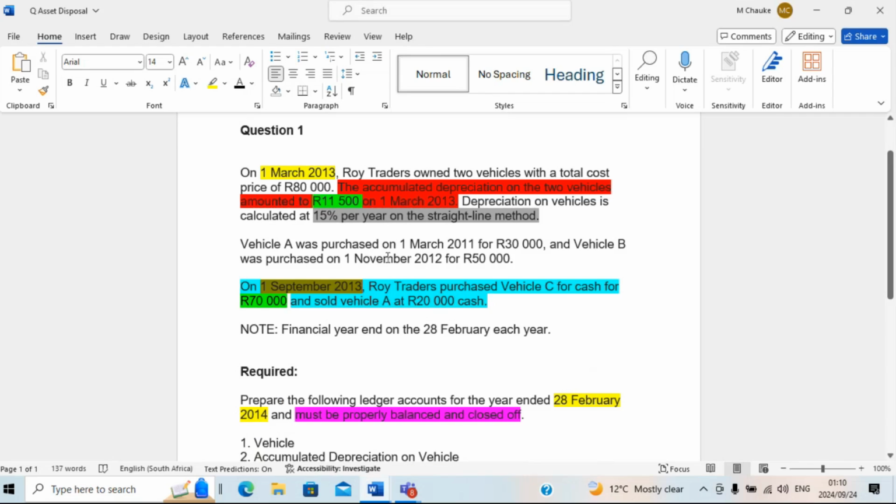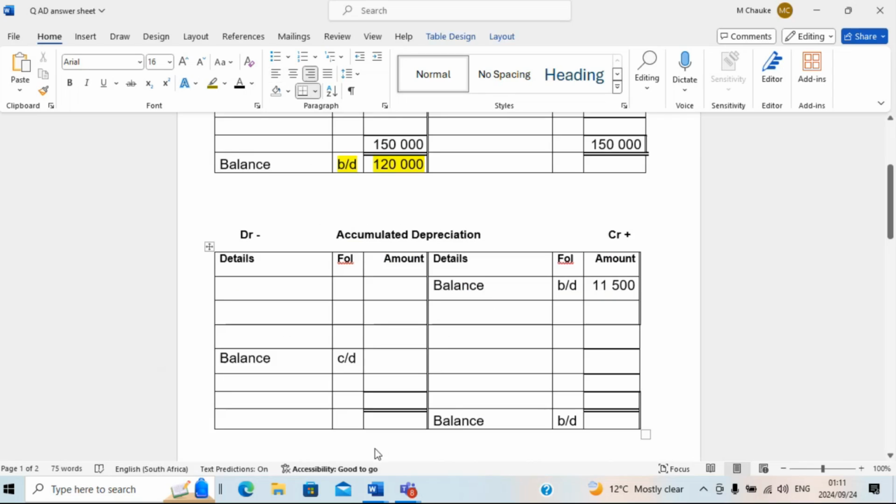So the cost price for the remaining vehicle, which is vehicle B, because it was never sold, it means it was there for the whole year. So we're going to calculate depreciation for vehicle B for the whole year, for the current year only, right?